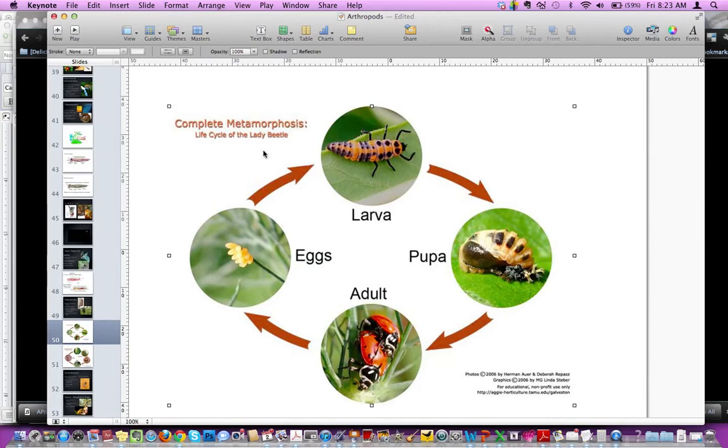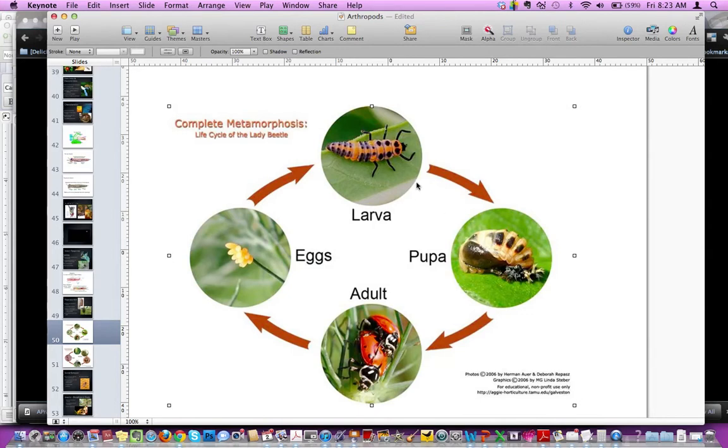So, the female's going to lay eggs, and she'll lay eggs kind of in a cluster, not so much in a case. The eggs are going to hatch and they're going to develop as larvae. So in a butterfly, that larvae is a caterpillar. Here it looks a little different because this is like a ladybug, which is actually a lady beetle. Okay, the next stage is that larvae grows into a pupa. And the pupa is kind of the stage where it's in a case.